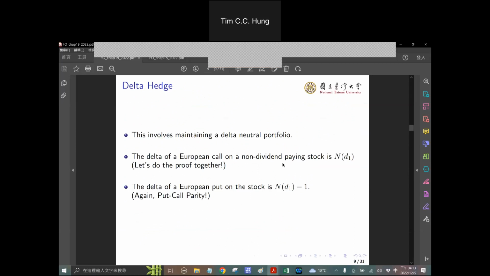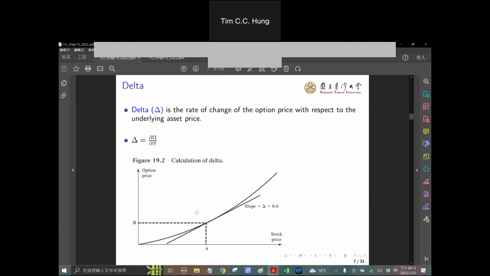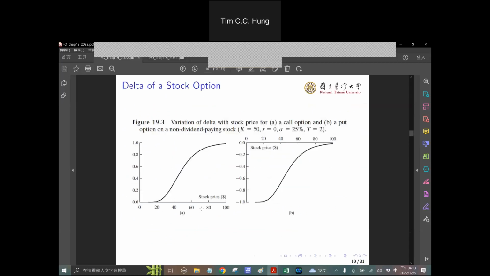According to the last table, the delta of a call option equals exactly N of d1, and the delta of a European put option equals N of d1 minus 1. According to this plot, they both have the same shape, which is basically just N of d1.